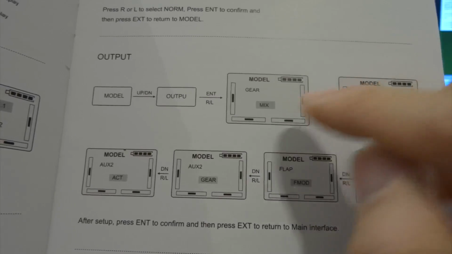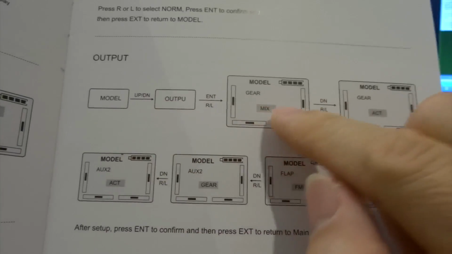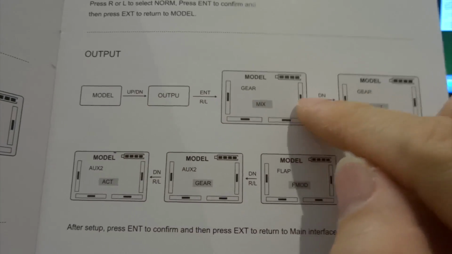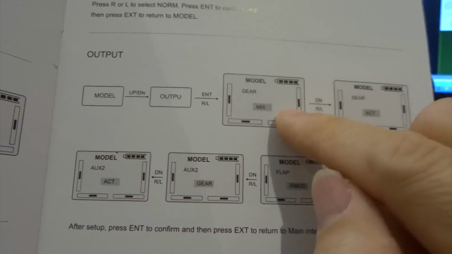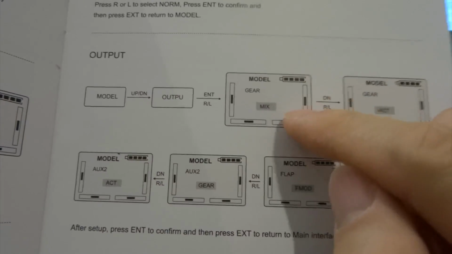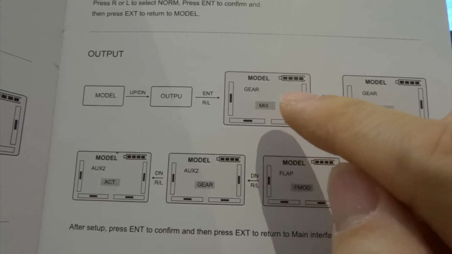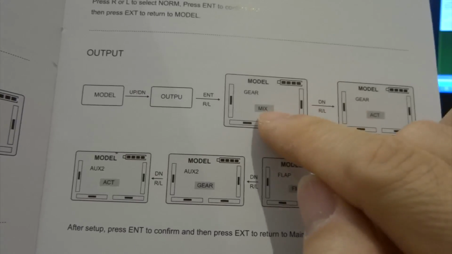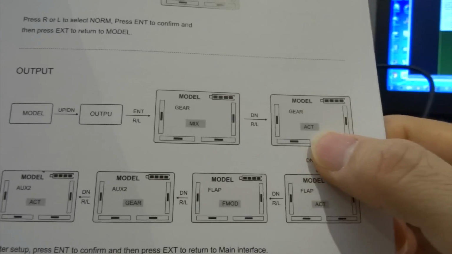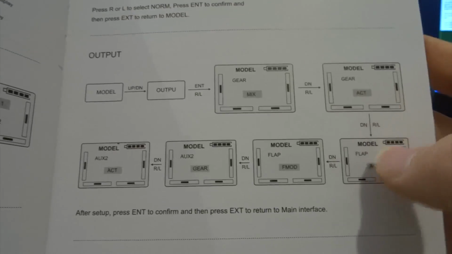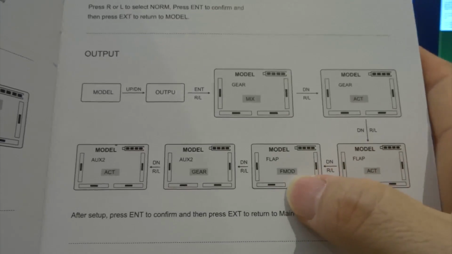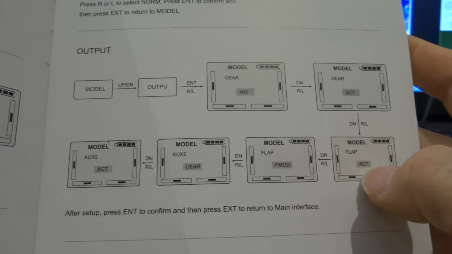And if you look at this diagram, it tells you how to set the switch to that particular channel. So if you click on gear, and then you search for mix, then you activate that. So the next one you go to flap, then you set the mode switch and then you activate that.